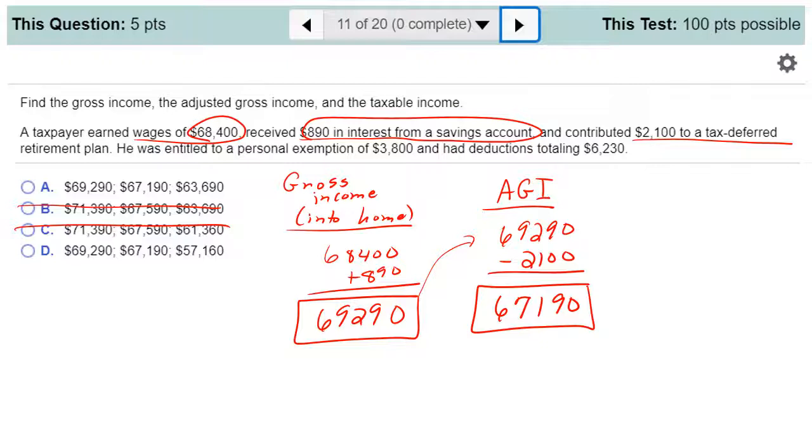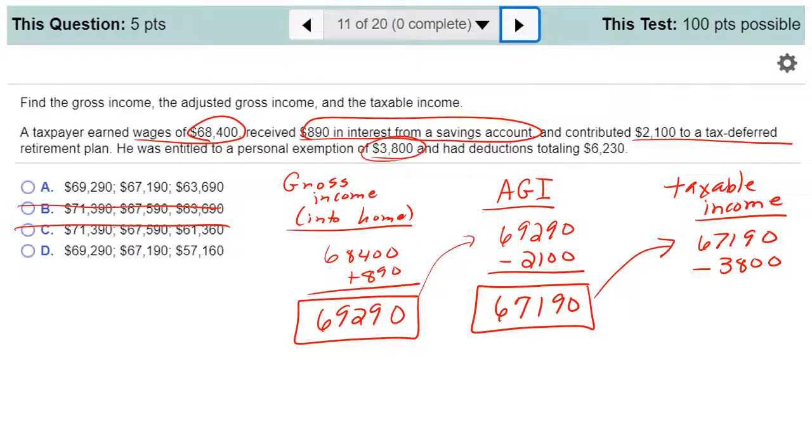Last but not least, we will get the taxable income. The taxable income will always take the AGI, adjusted gross, and from that we subtract things. We will subtract the personal exemption of $3,800, and we will subtract the itemized deductions of $6,230.